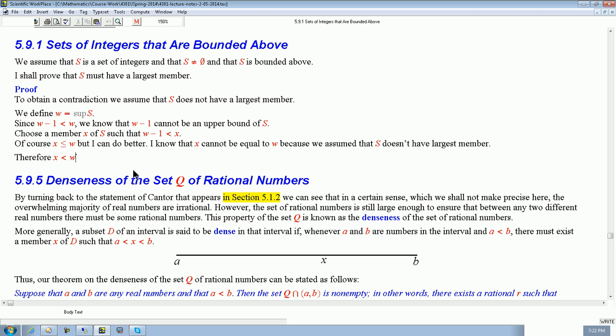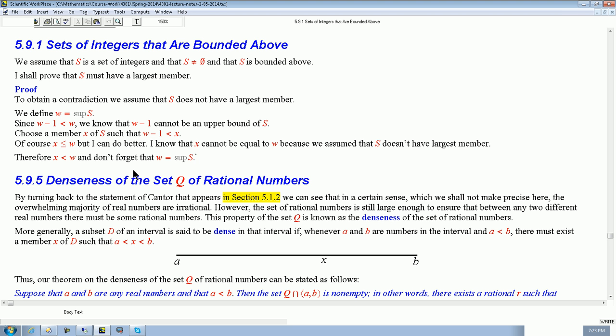You see, I'm standing on the shoulders of earlier material all the time. Nothing goes all on its own here. Nothing anywhere in mathematics, not in any course, actually. So X is less than W, and please don't forget that W is the least upper bound of S, that W is sup S.